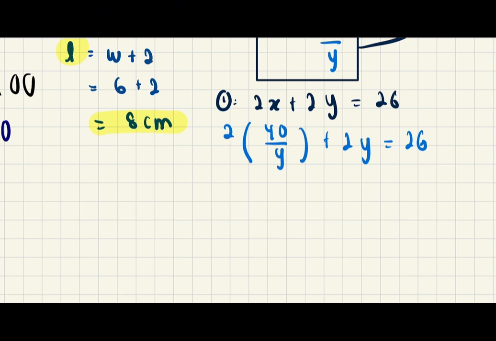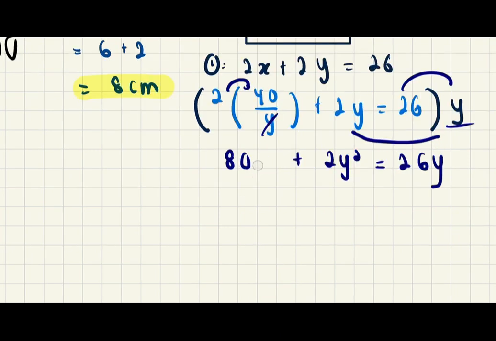But we don't want any fraction, so we multiply the entire thing by y, because when we multiply, this will cancel out and we can get rid of the fraction.